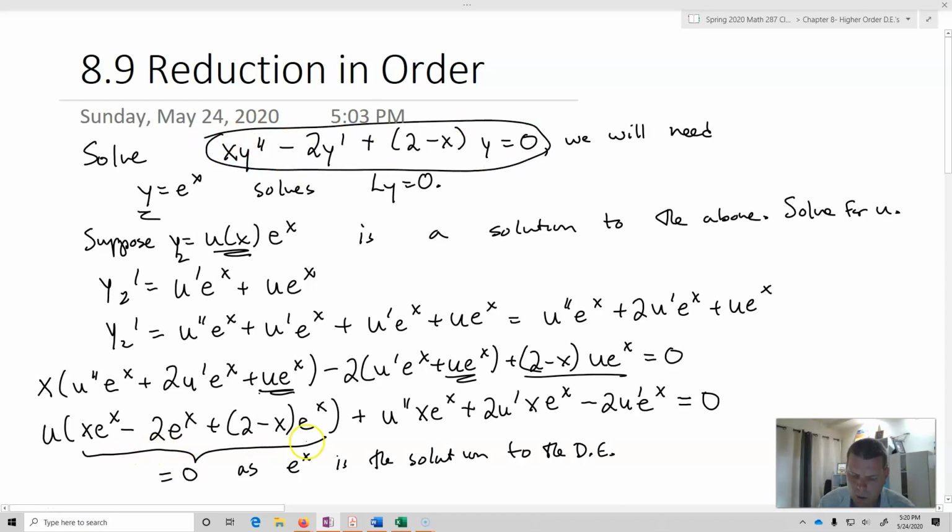Consequently, this whole term is equal to 0, because this is y1 double prime, here's y1 prime, and here's y1. That's going to happen every time we utilize reduction of order. That's going to reduce the order. That's what it does, so we're going to be on the lookout for that. If you're not getting that, you're doing something wrong.